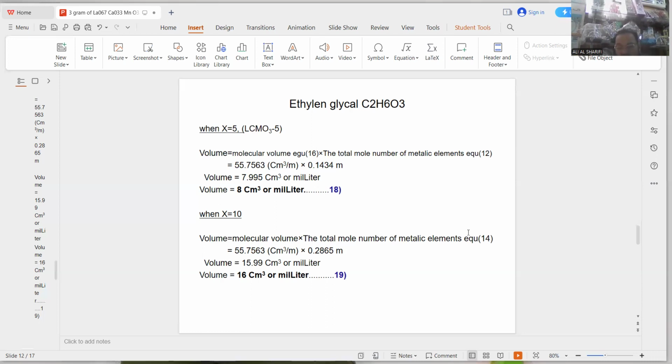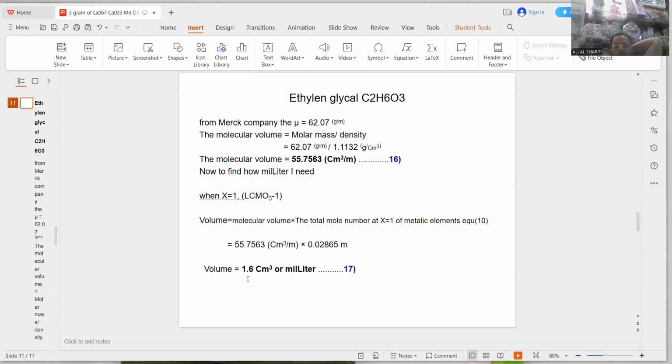At 10, we can say the same equation by using the long way, molecular volume 55 something, multiplied by the total mole number of metallic element from equation 14 from acetic acid, or you can say equation 9 multiplied by 10 and use it. I need 16 centimeter cubed, or let me say 16 milliliters.